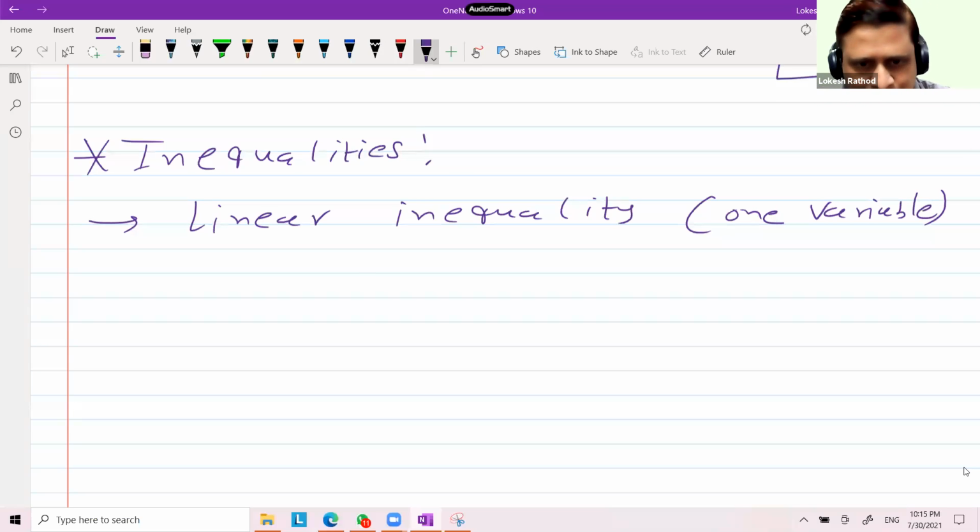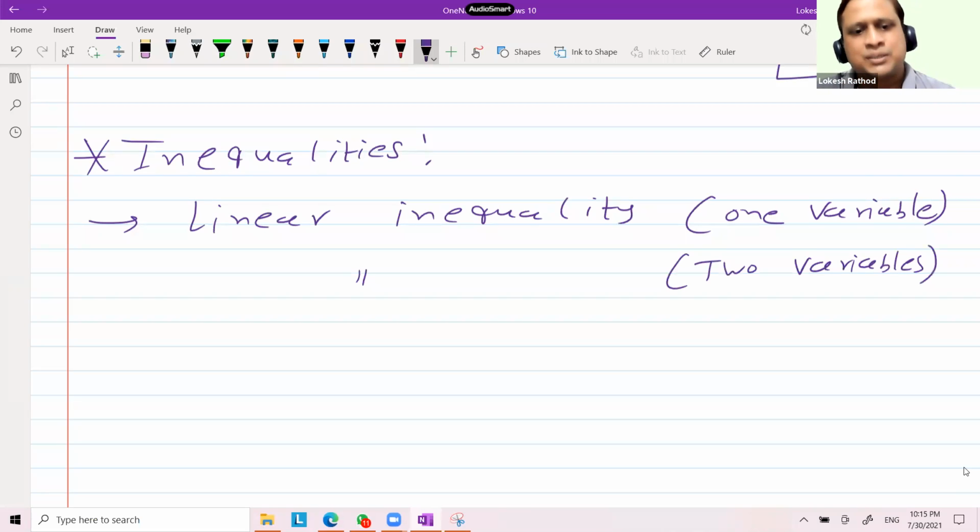Then the same thing, two variables. That basically will be graphing linear inequality, right? Graphing linear inequality.